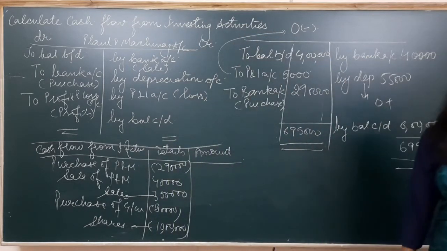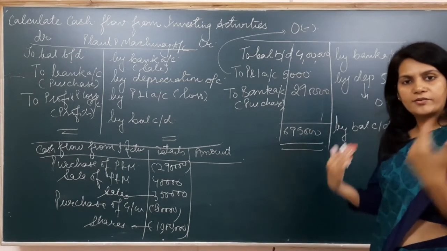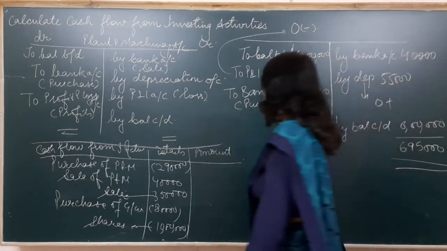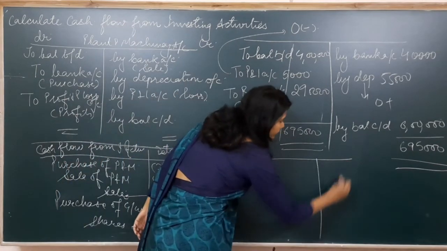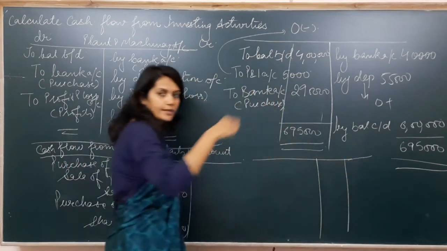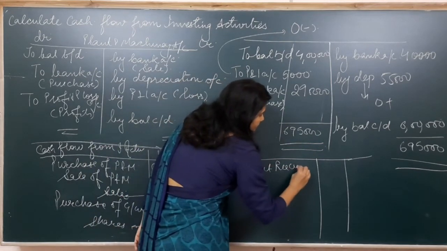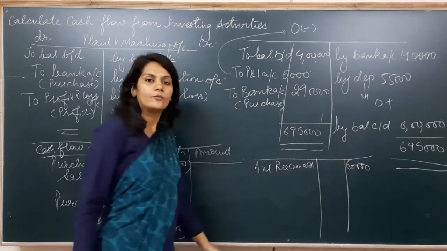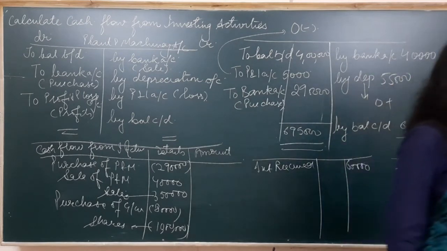So in this question, investment in the previous year is rupees 5 lakh. So it is 12%, which means we have received interest at the rate of 12% on rupees 5 lakh. So we have received interest of rupees 60,000. Now interest received brings cash into the company, so this interest received will be in positive. This point we have already discussed in detail in cash flow from operating activities.